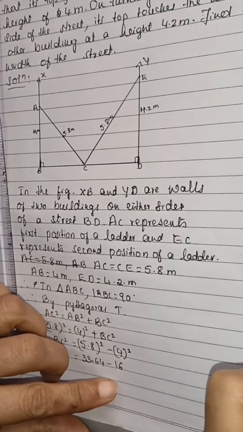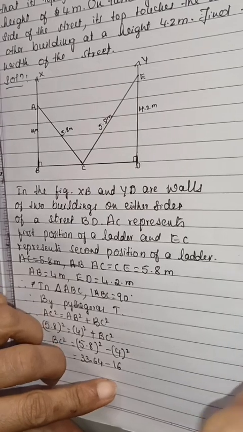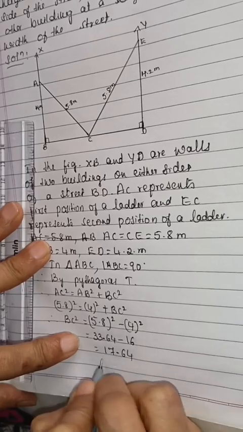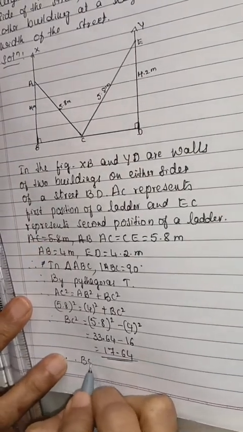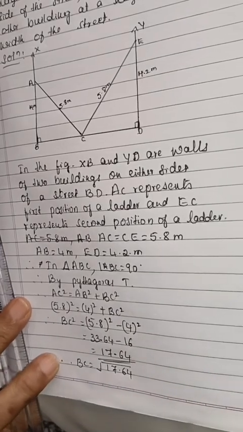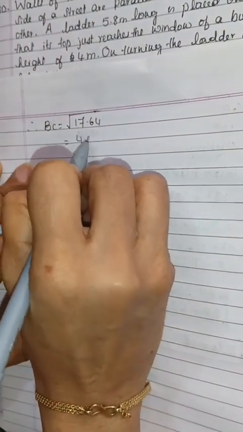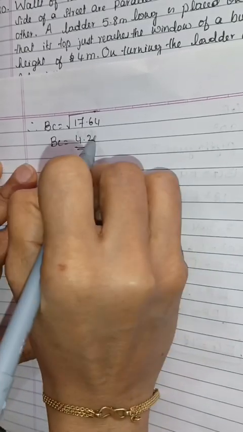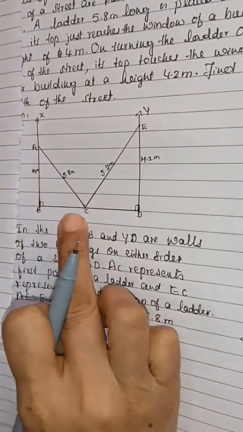So 17.64. BC square is 17.64. Therefore, BC is square root of 17.64. So square root of 17.64 is 4.2. BC is 4.2 meter.